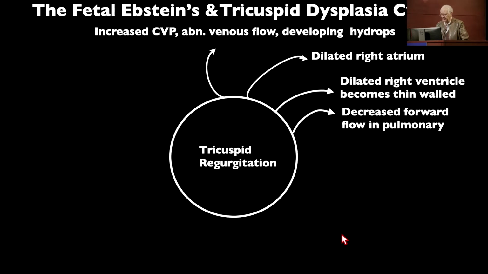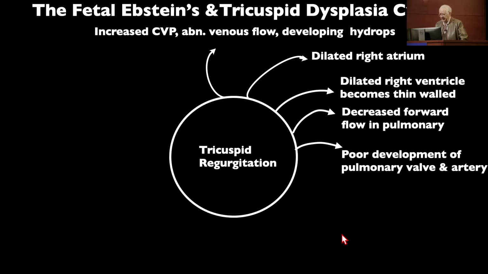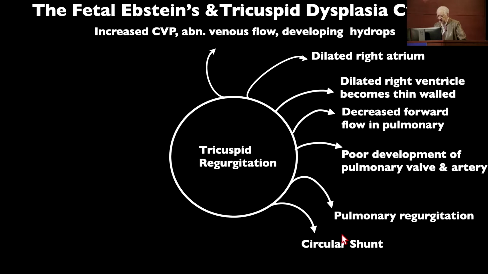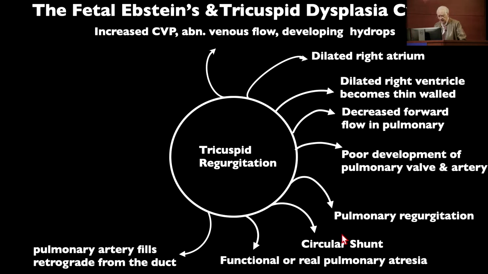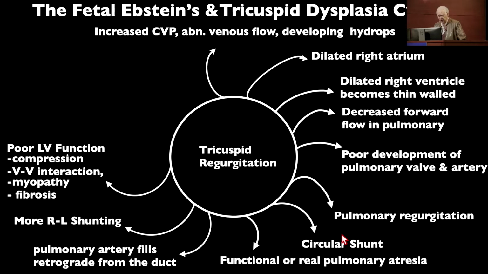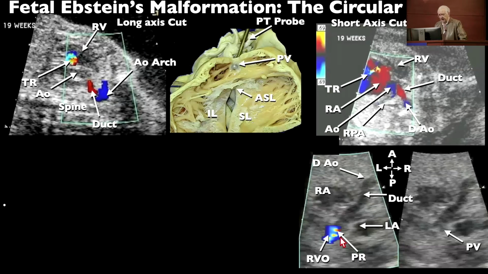There's decrease in forward flow into the pulmonary artery, poor development of the pulmonary valve and artery, pulmonary regurgitation, development of the circular shunt, functional or real pulmonary atresia, pulmonary artery flows retrograde from the ductus with more right to left shunting, poor ventricular function of the left ventricle, probably because of compression, ventricular-ventricular interaction, and the fact that Ebstein's malformation can be considered a cardiomyopathy and fibrosis. So that's how it goes.